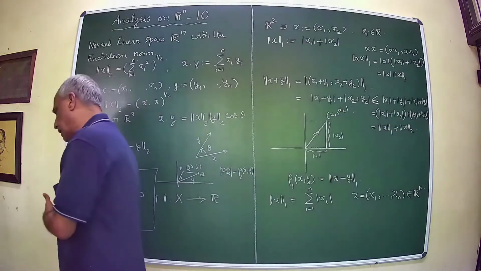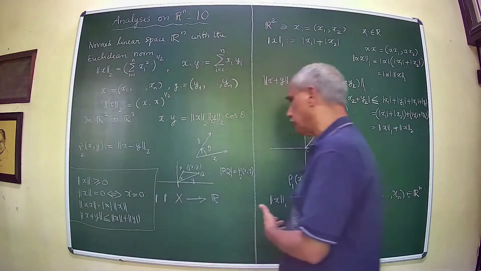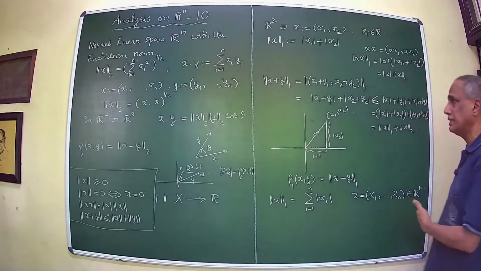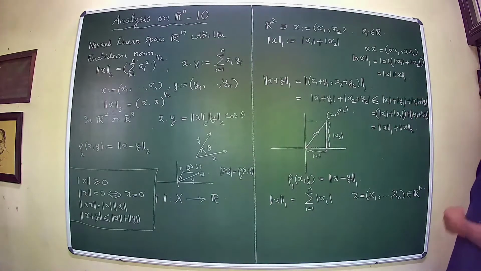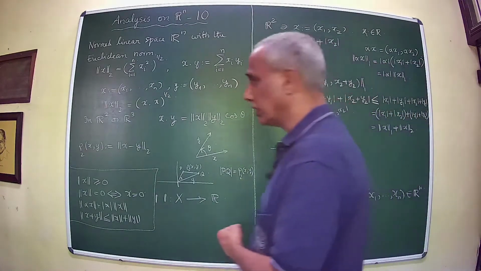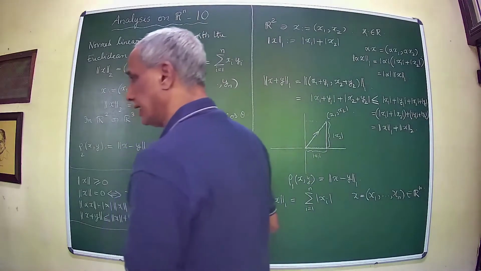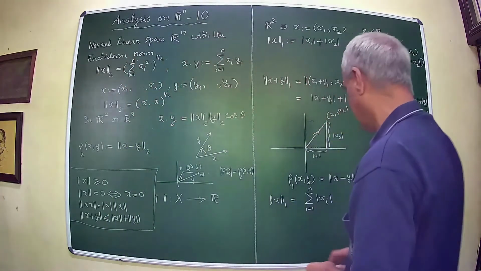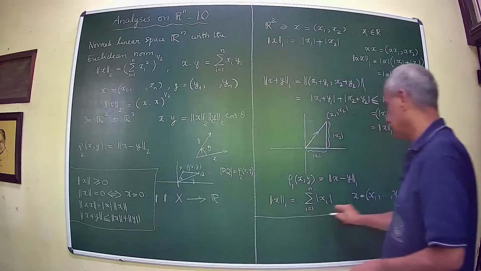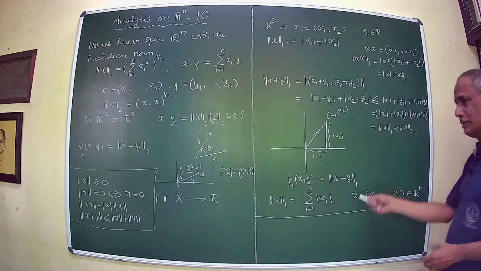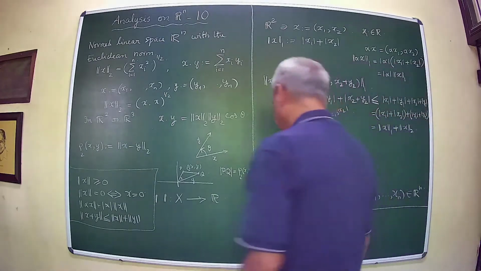So this is an alternative way in which you can make the space a normed linear space. But this one is not called the Euclidean norm. Possibly sometimes the computation becomes very simple.